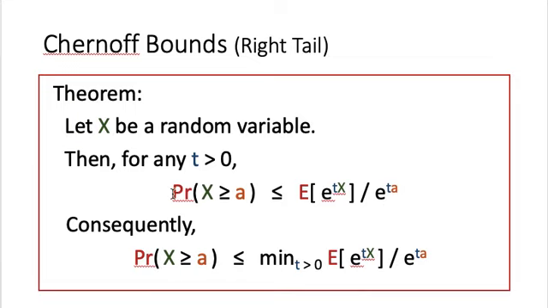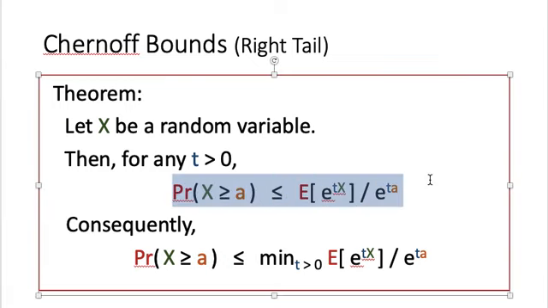Now because this middle formula holds for any t greater than 0, if you want to make a very tight analysis, we will choose the t that gives us the tightest bound. What is the t that gives us the tightest bound?